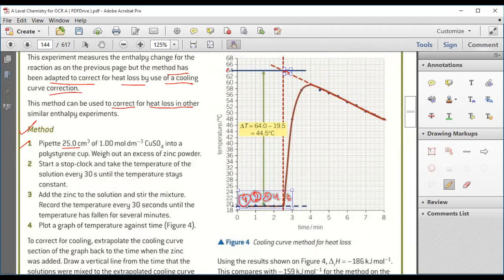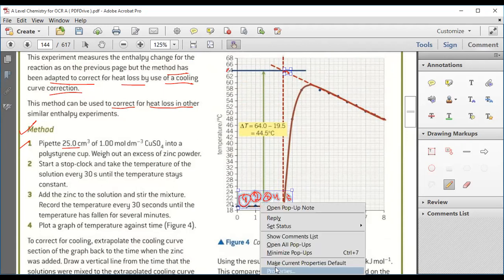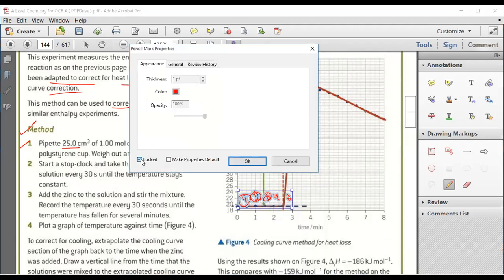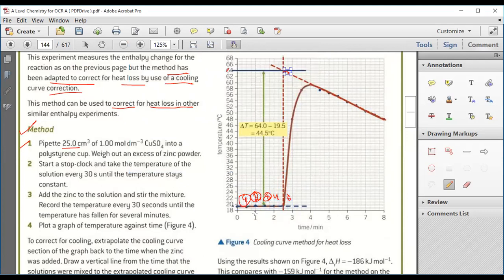Now see this. This is the temperature change after every 30 seconds. For the first 2 minutes, 2.5 minutes, there is no change.